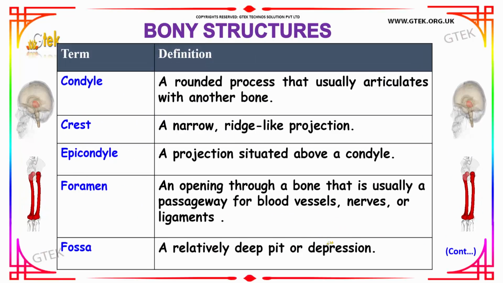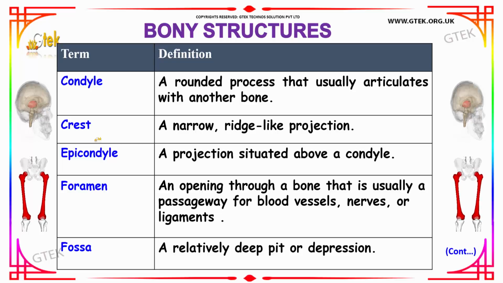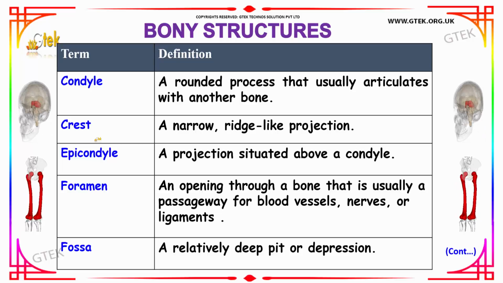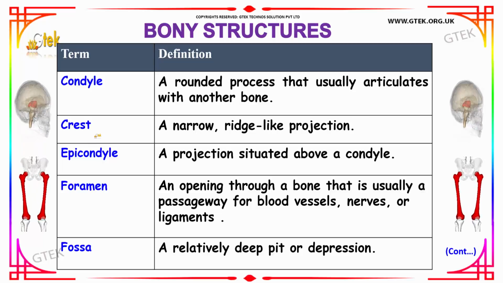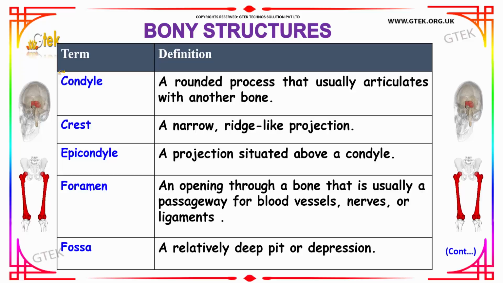We are going to see the various terms and the definitions which can be used to define the bone structures. First, we have condyle. Condyle is nothing but a rounded process, that is a prominent projection that usually articulates with another bone.